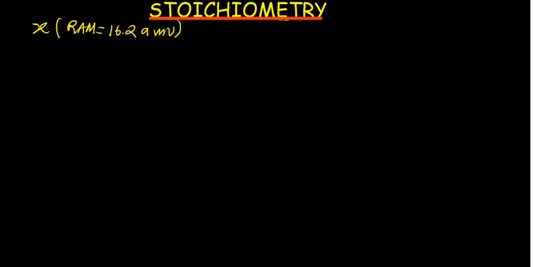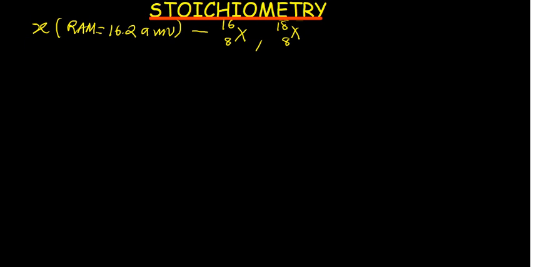Okay, so we are saying the average atomic mass of a sample of an element is given as 16.2 atomic mass units. What is the percentage of isotopes? This is the relative atomic mass, but this element has isotopes. The first isotope is X16, and the other isotope is X18. So what will be the percentage abundances if we know the relative atomic mass already?